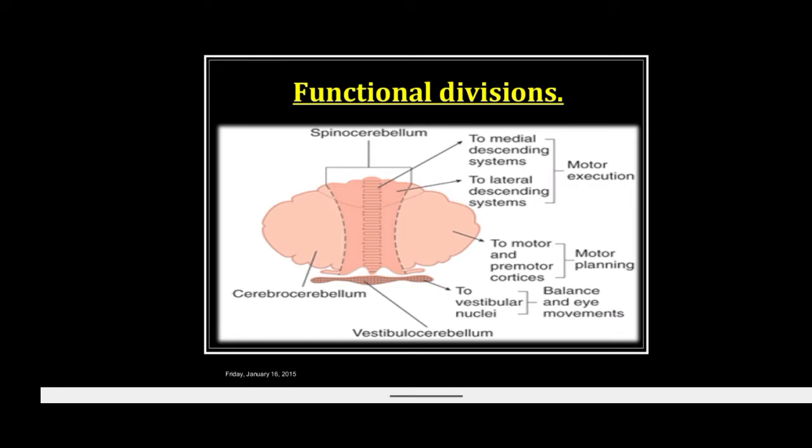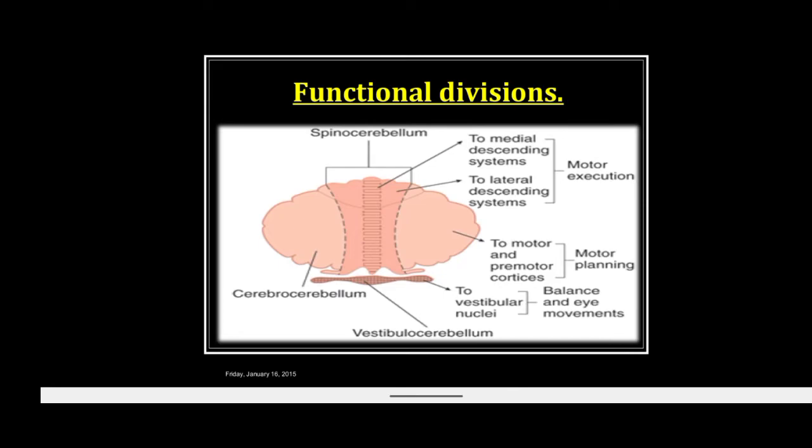The spinocerebellum has projections to the medial descending system and to the lateral descending system.